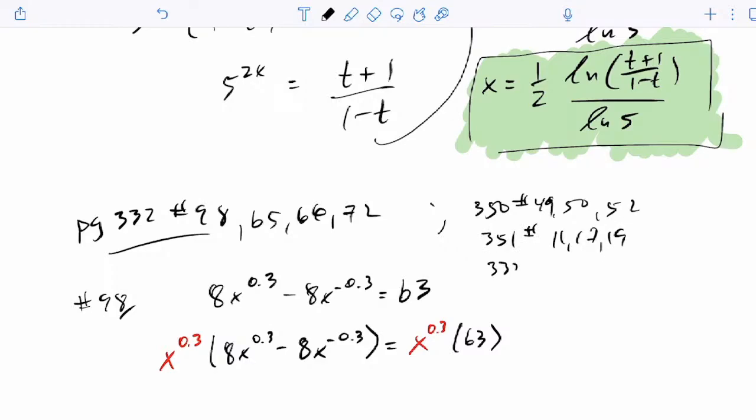Okay, this becomes 8x to the 0.6 minus 8 is 63x to the 0.3. Okay, Reem, you see this here? So this ends up being x to the 0.3 squared. You set yourself up with another quadratic.